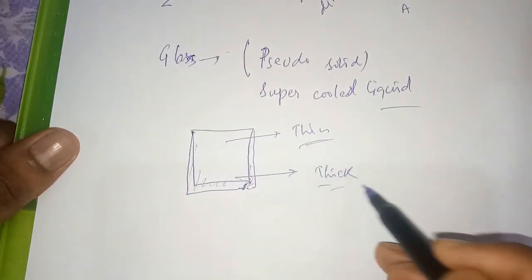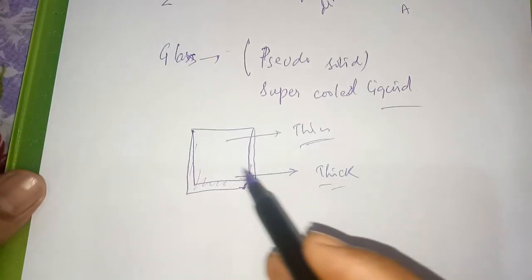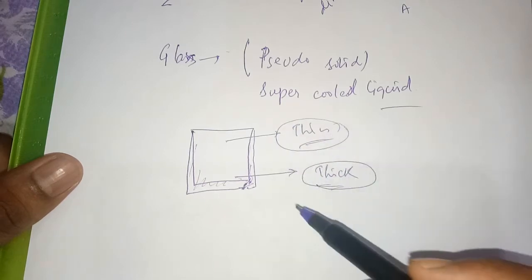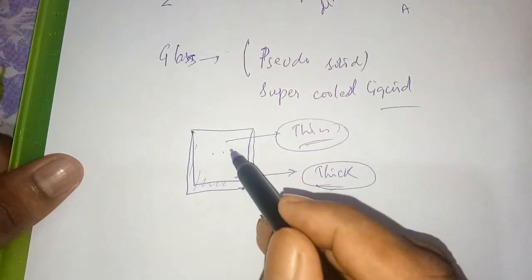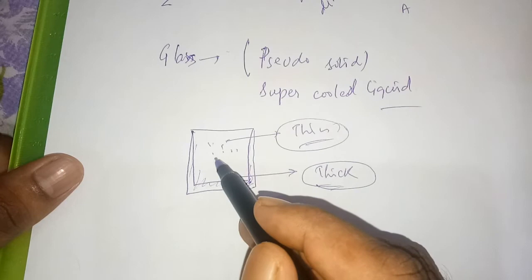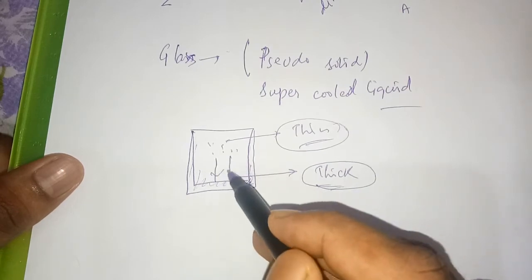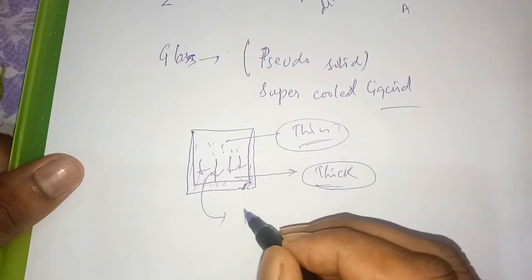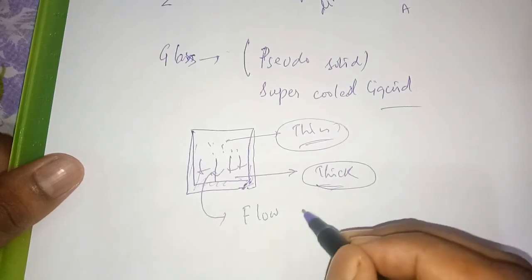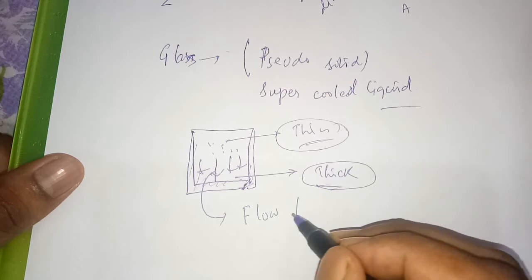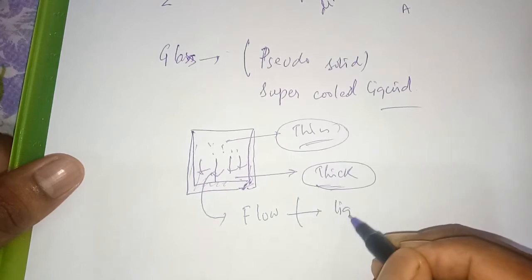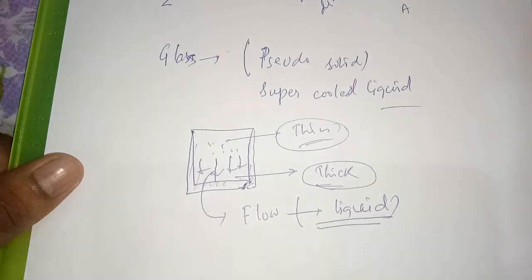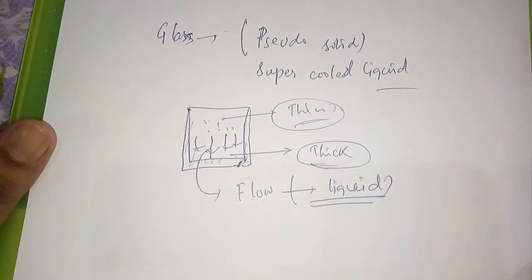For example, in 100 or 200 year old glass panes or window panes, the bottom part becomes thick and the upper part becomes thin. This is only possible if the glass particles are dragged downward. Dragging downward means they possess the property of flow, and flow property is possible in case of liquid. That is why glass is called a supercooled liquid.